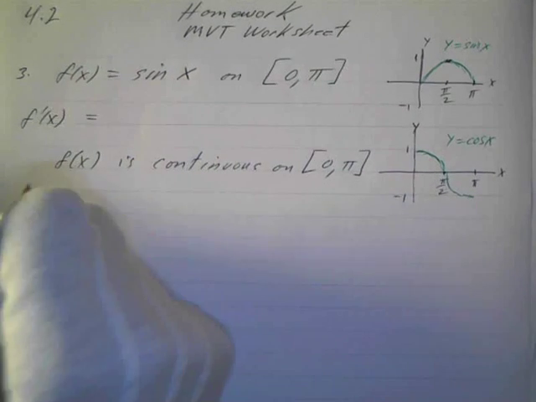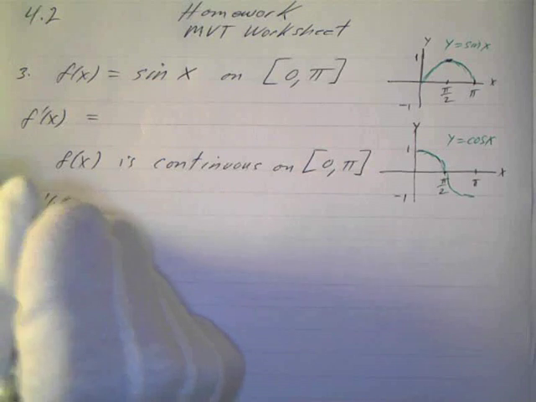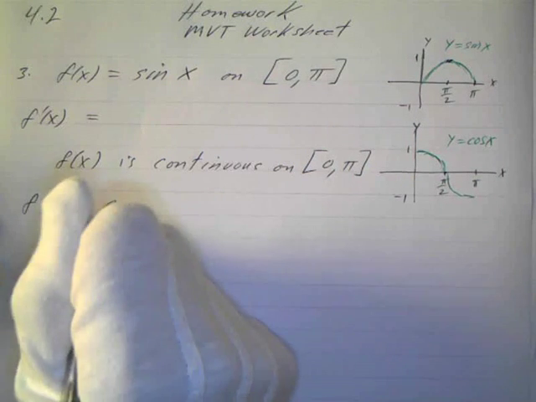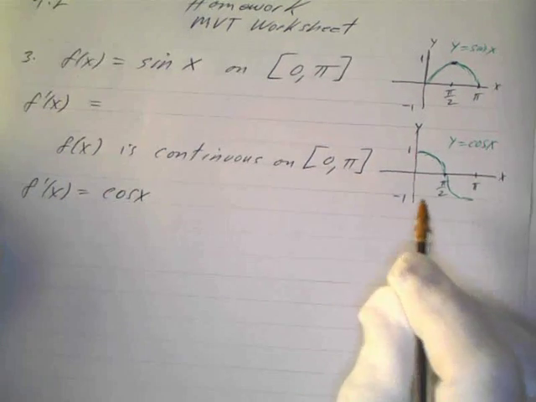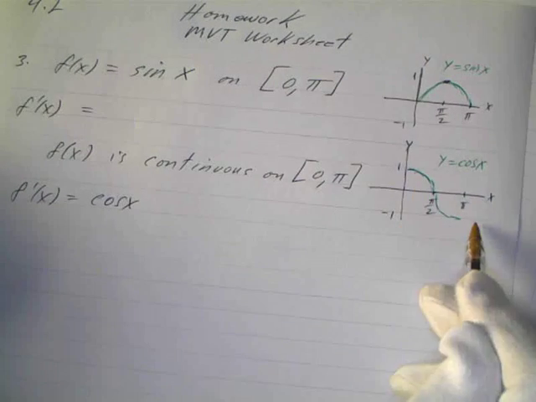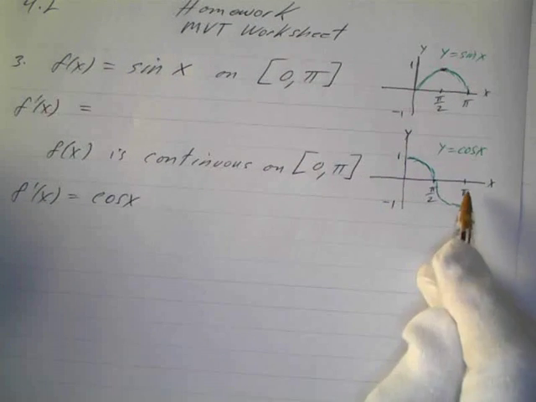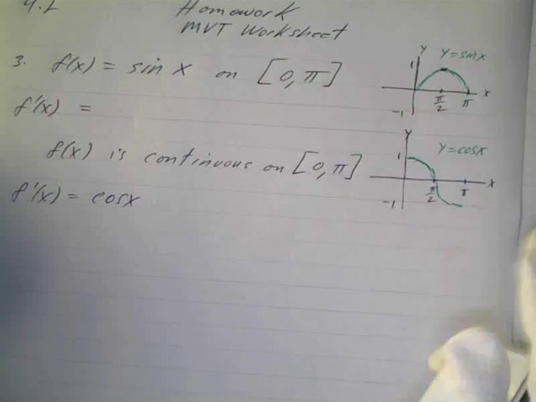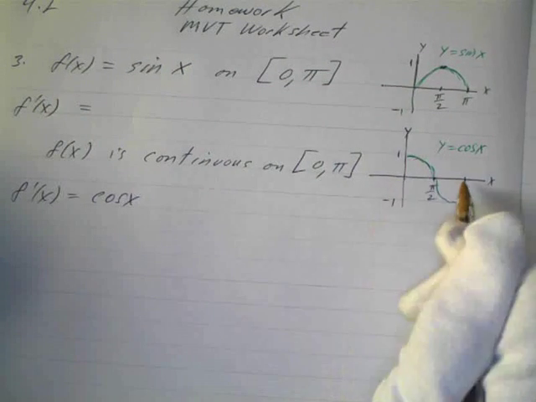And f prime of x, what does f prime of x equal? F prime of x equals the cosine of x, and you can see over here is the cosine of x, this is the sine of x, and the cosine of x is also defined on this closed interval from 0 to pi.